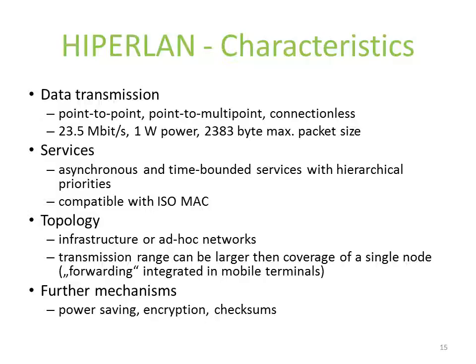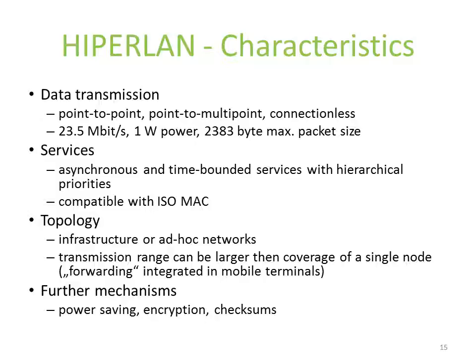What are the main characteristics of HiperLAN? The HiperLAN characteristics may be data transmission or services, topology and other mechanisms. With respect to data transmission, the data can be transferred point to point, point to multi-point, or connectionless. In these three different ways we can transfer data through HiperLAN.